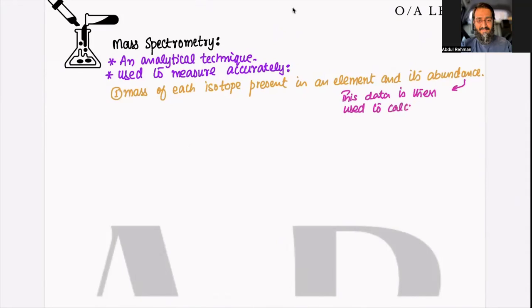So we get to know how many isotopes there are and what the mass of each isotope is, and their abundances as well. So from this data, we calculate the Ar, the relative atomic mass, of an element, not compound, my bad.